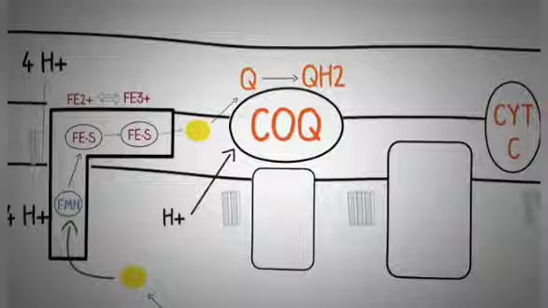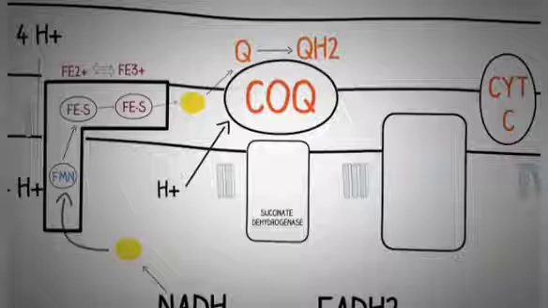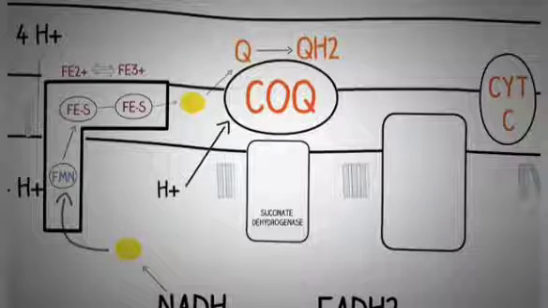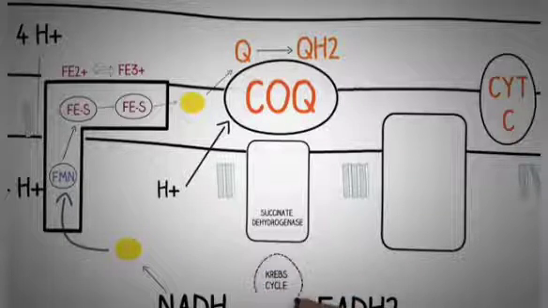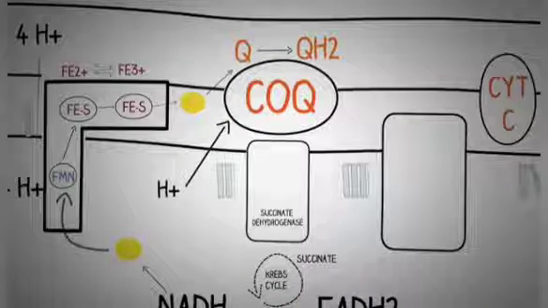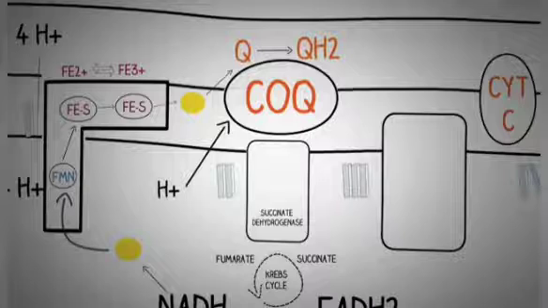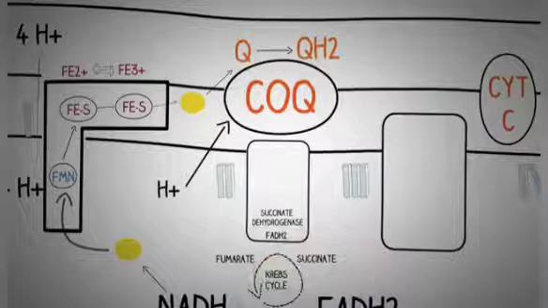Now coming to the second complex, which is the succinate dehydrogenase complex. This complex contains the enzyme succinate dehydrogenase. The succinate dehydrogenase catalyzes the conversion of succinate to fumarate in the Krebs cycle. This is an oxidation reaction which causes the generation of FADH2.